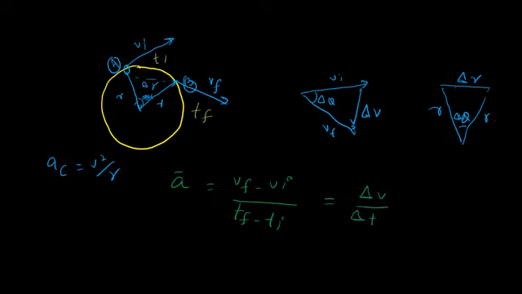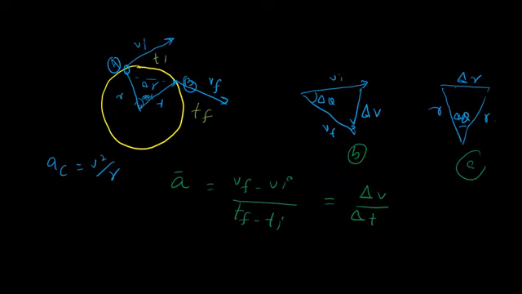Now if you look at both these triangles, this one is figure B and this one is C, both triangles are similar, so I can write the relation between the sides of the triangles. These are the three sides of this triangle, and these are the three sides of this triangle.